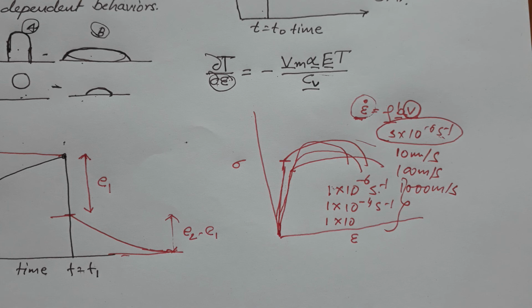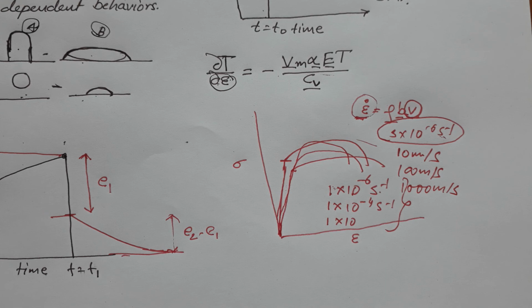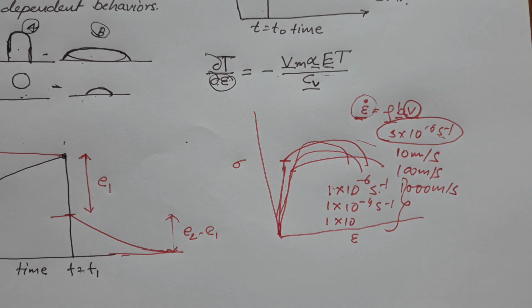It's not that it is not changing, it is changing, but by a very, very small amount. But the same effect will be very high if you do polymer testing, because polymers show this time dependence, and the required time for polymers to show this dependence is very small.